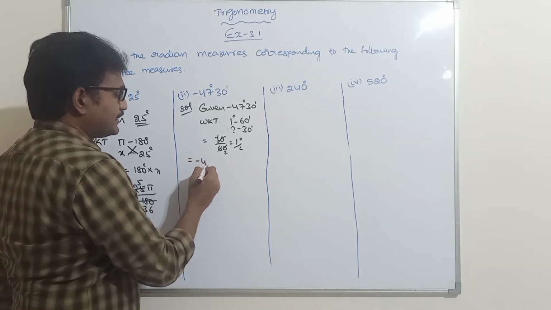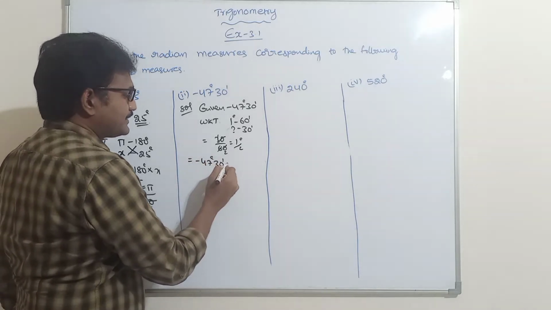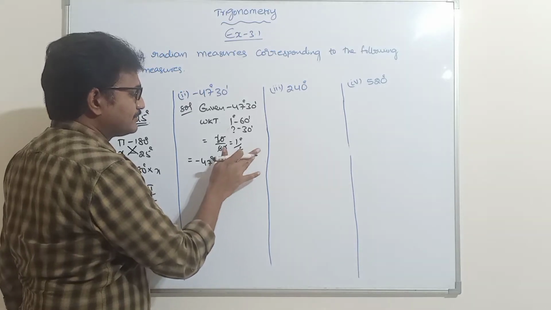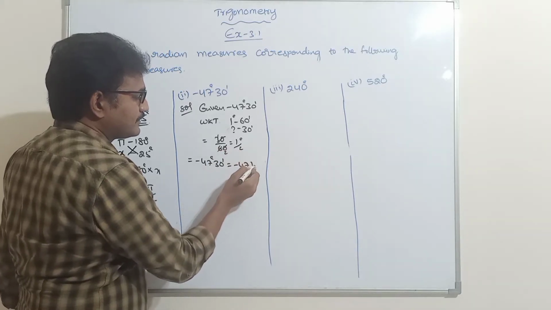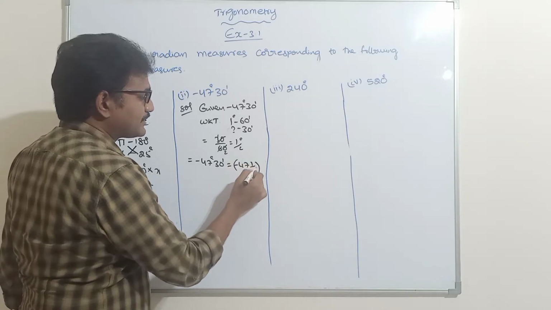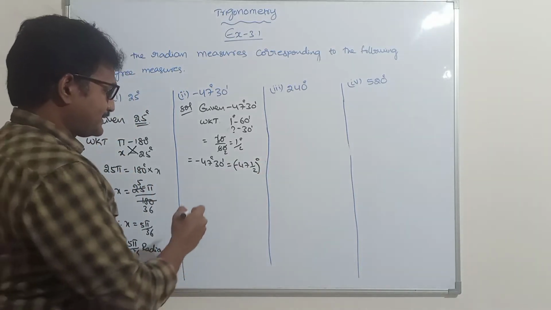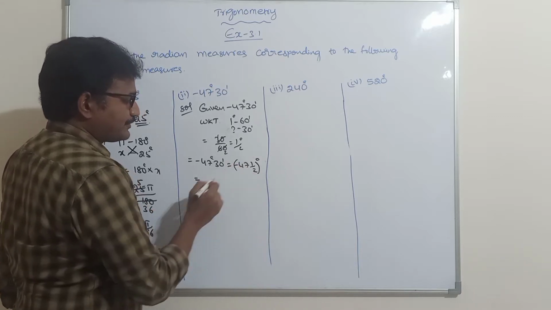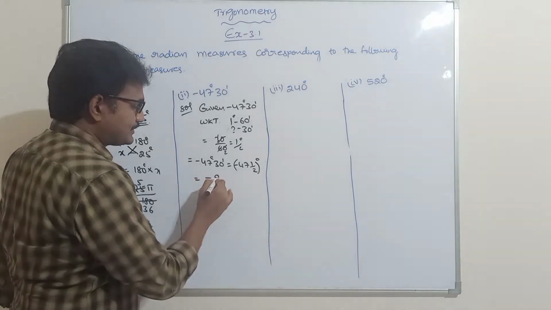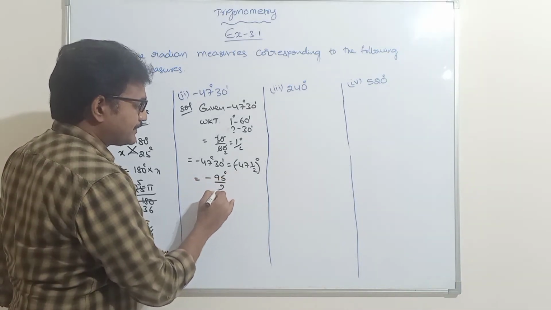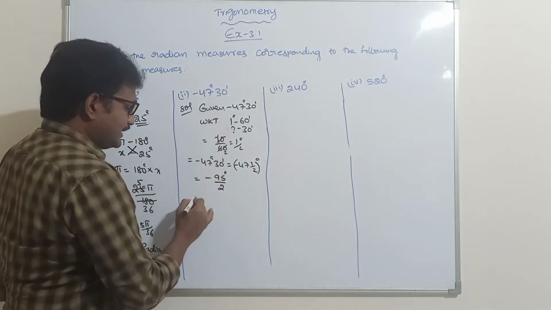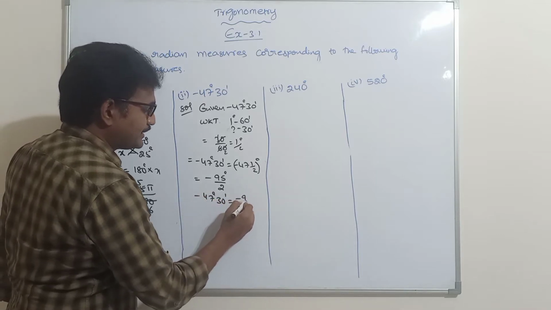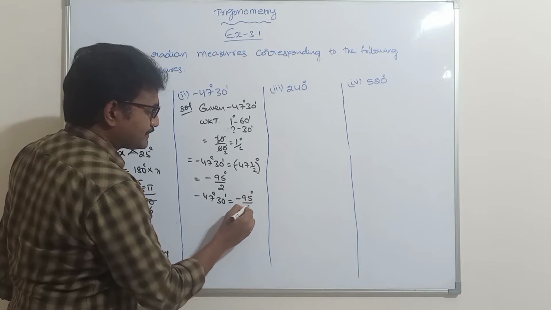That means minus 47 degrees 30 minutes is equal to minus 47 and a half degrees. Next, 2 into 47 is 94, 94 plus 1 is 95. So this is equal to minus 95 by 2 degrees. So minus 47 degrees 30 minutes is equal to minus 95 by 2 degrees.